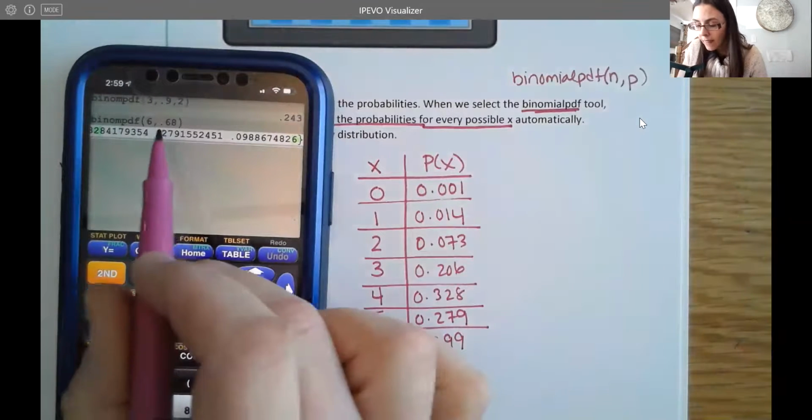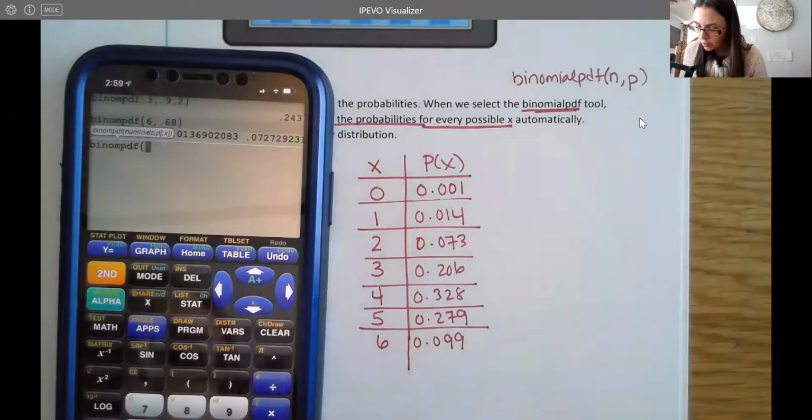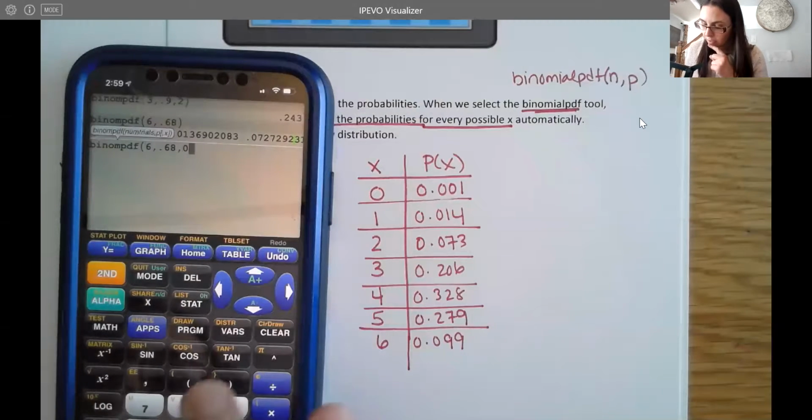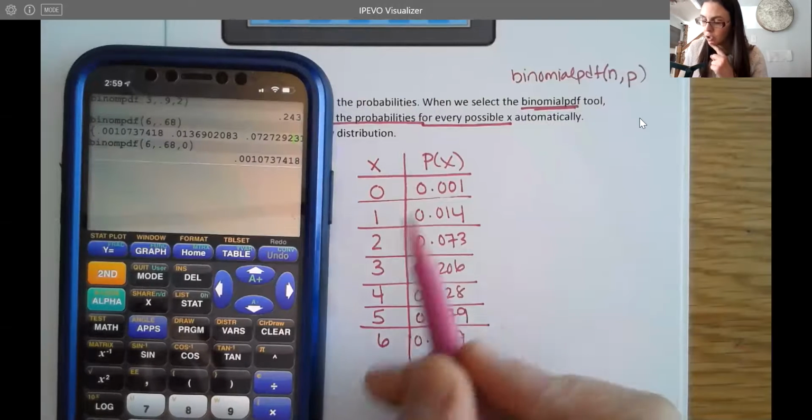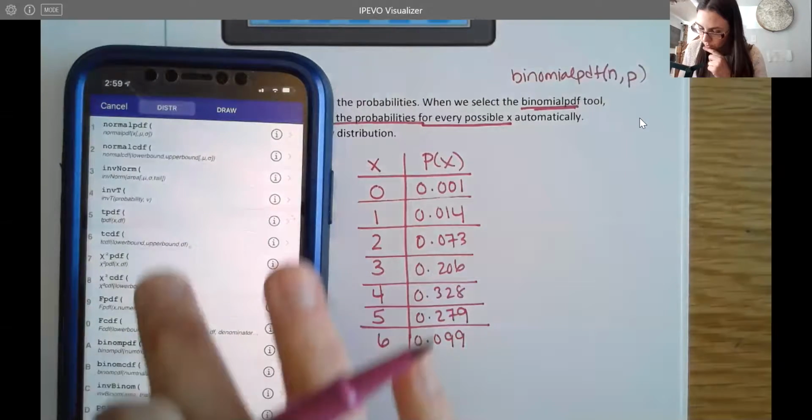Again, if you don't like this, it's okay. So what you can do is you can always go back and do them individually. So if you're unsure about this, you have your 6 trials, you have your probability, and then you can go through one at a time. So press 0 for 0 successes, and I'll give you just the first answer. And then what I can do is do it again.